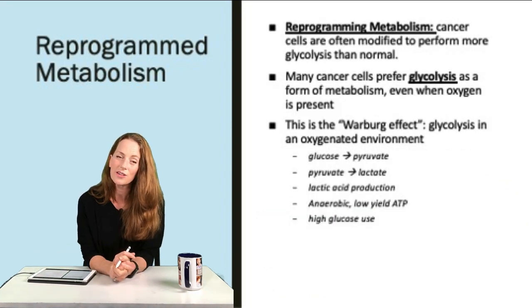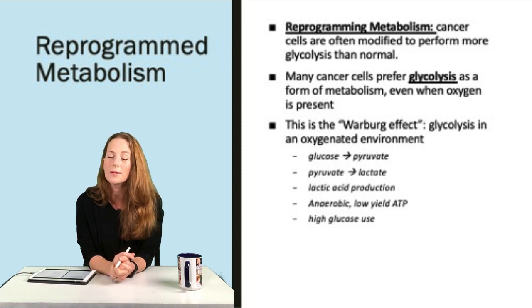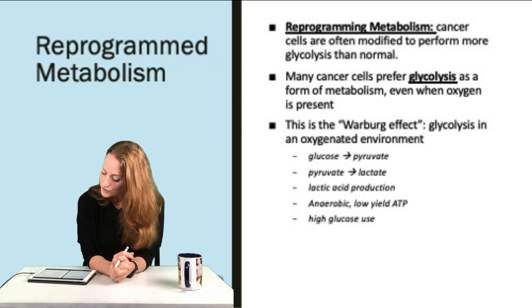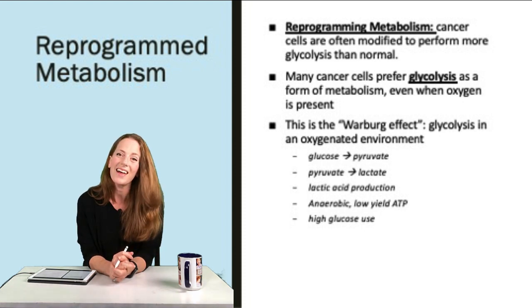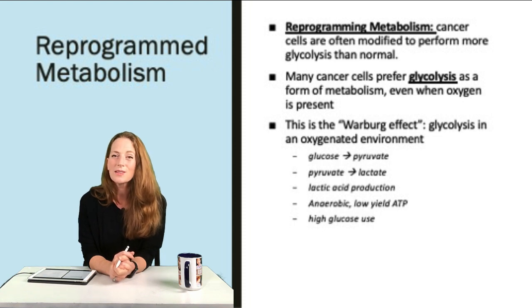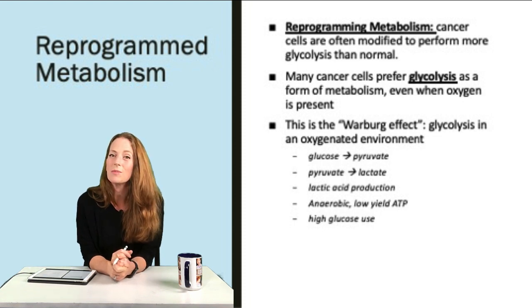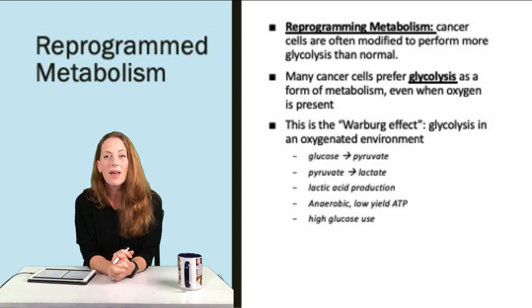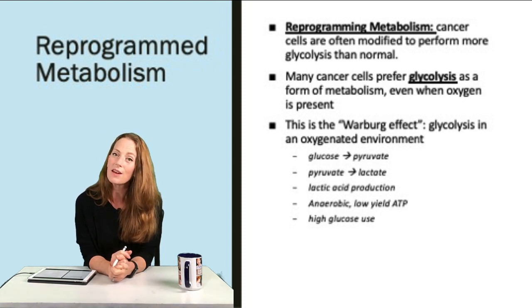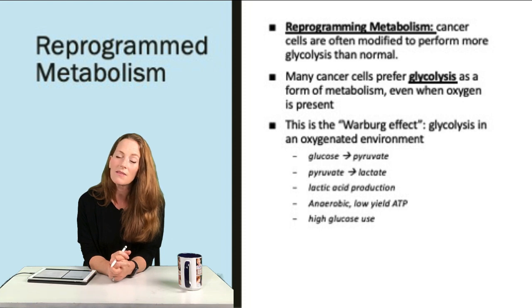Another cellular change that increases tumor growth is reprogrammed metabolism. So cancer cells are often modified to perform more glycolysis than normal. So rewind a little bit to metabolism. Remember that glycolysis is an anaerobic process that allows a small amount of ATP formation in the absence of oxygen.